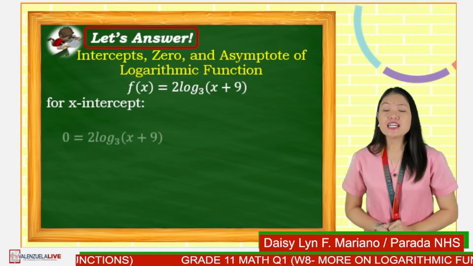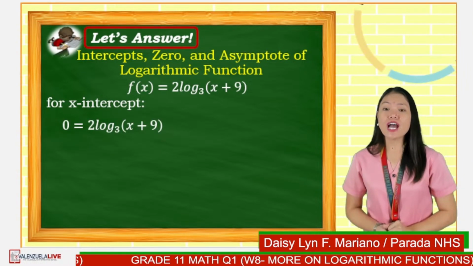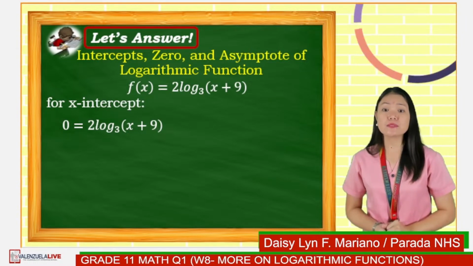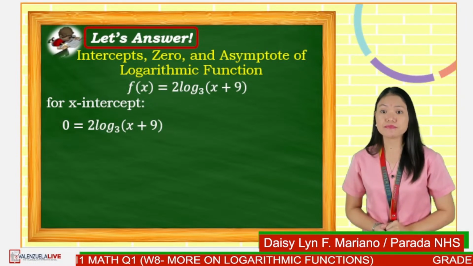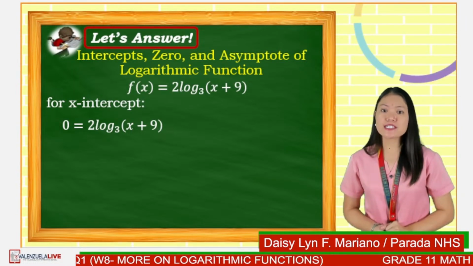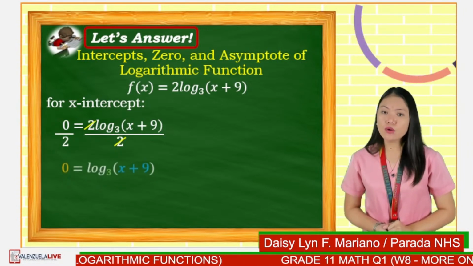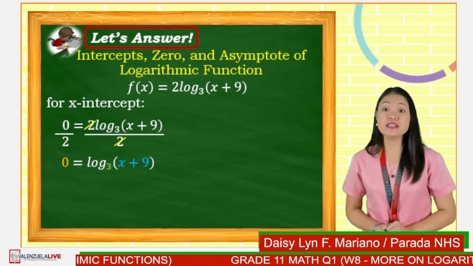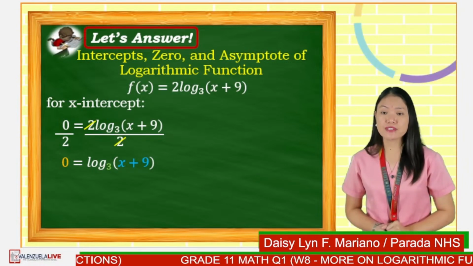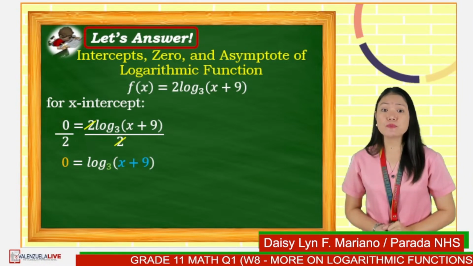That is, 0 is equal to 2 times the logarithm of the quantity x plus 9 with base 3. Dividing both sides by 2, we have 0 is equal to logarithm of the quantity x plus 9 with base 3. Rewrite this to exponential form.